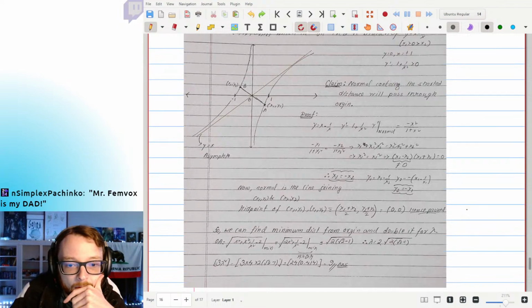Now what do you do? You equate the equation for the normal lines through x1 and x2, because we do think they should be equal. Yeah, I like that. And you look for simplifications.